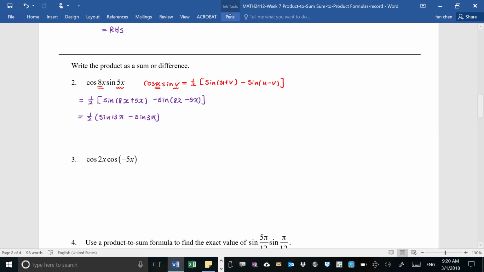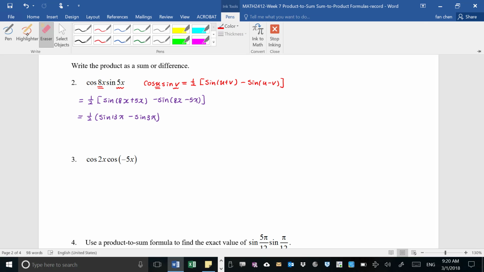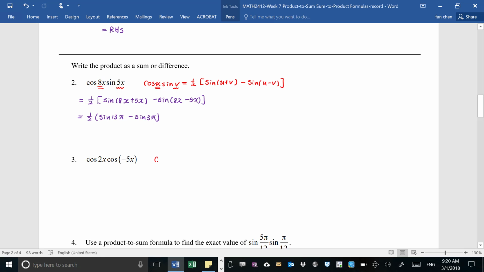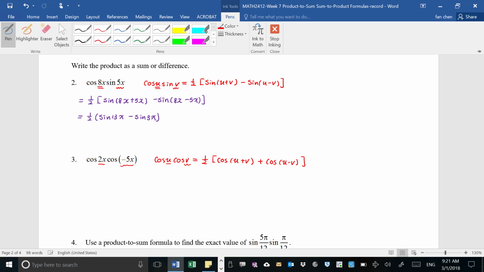Here we go. If you think about the cosine formula, cosine u cosine v is equal to half of cosine of u plus v plus cosine of u minus v. Similarly, let's see, what's the u? u is the 2x and v is the negative 5x.